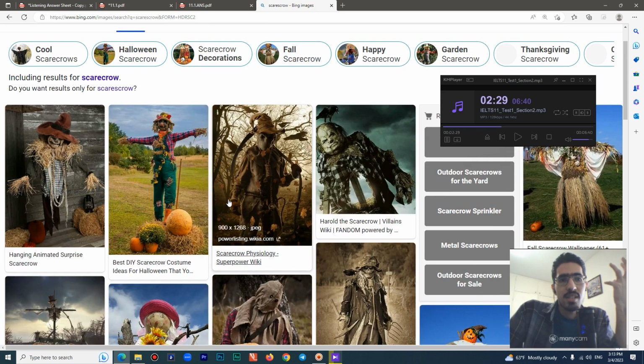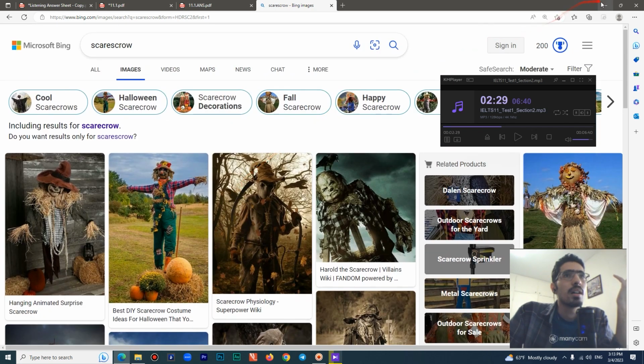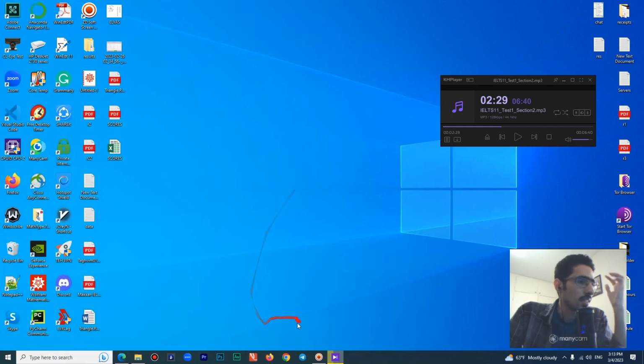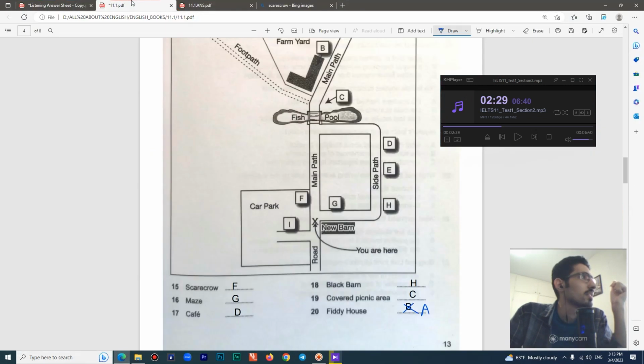It is for scaring something, like scaring birds that want to eat the crops. Crow, I think, means a bird like a raven. Anyway, a scarecrow is something you put on the farm to frighten the birds that want to eat your crops.